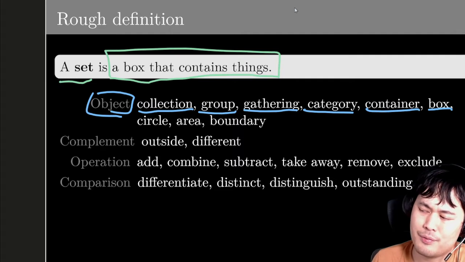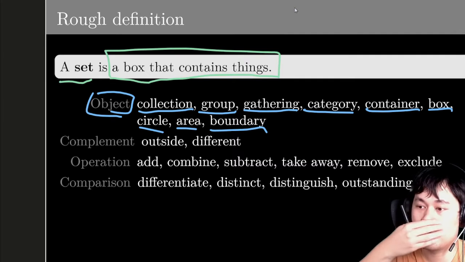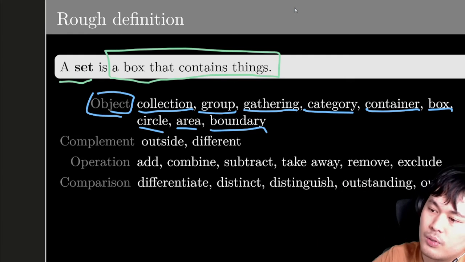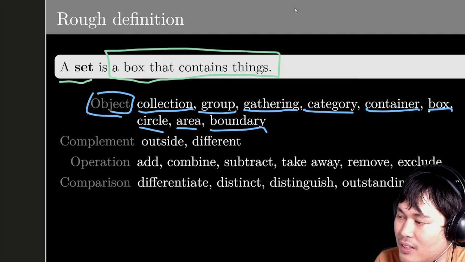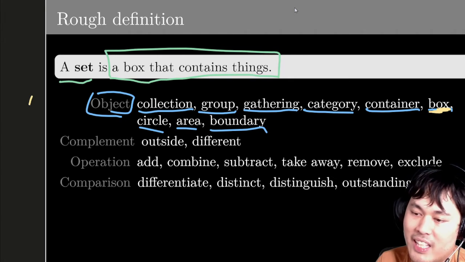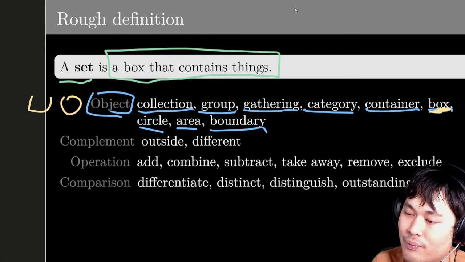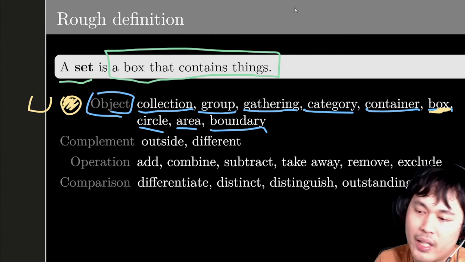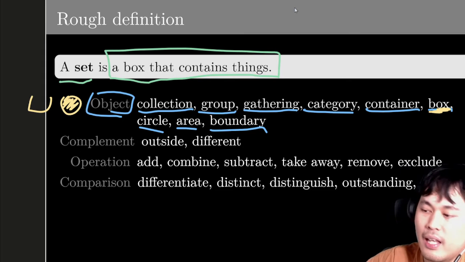There are lots of synonyms that we can use to describe or to visualize the set. Think of it as an abstract box, or if you don't like a square box, you can think of them as circles instead, or an area. These things are inside this area, these things are not inside, these things are outside.